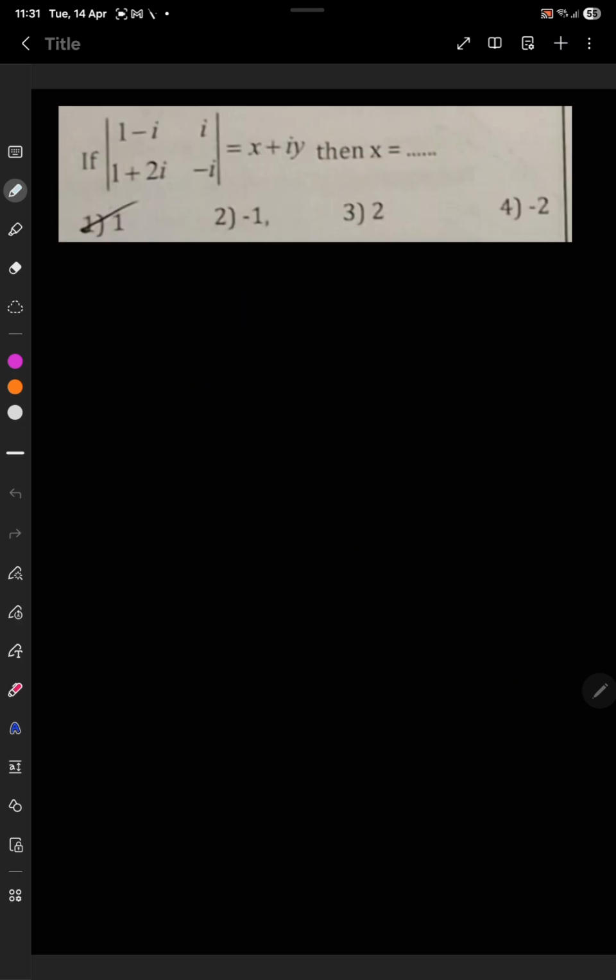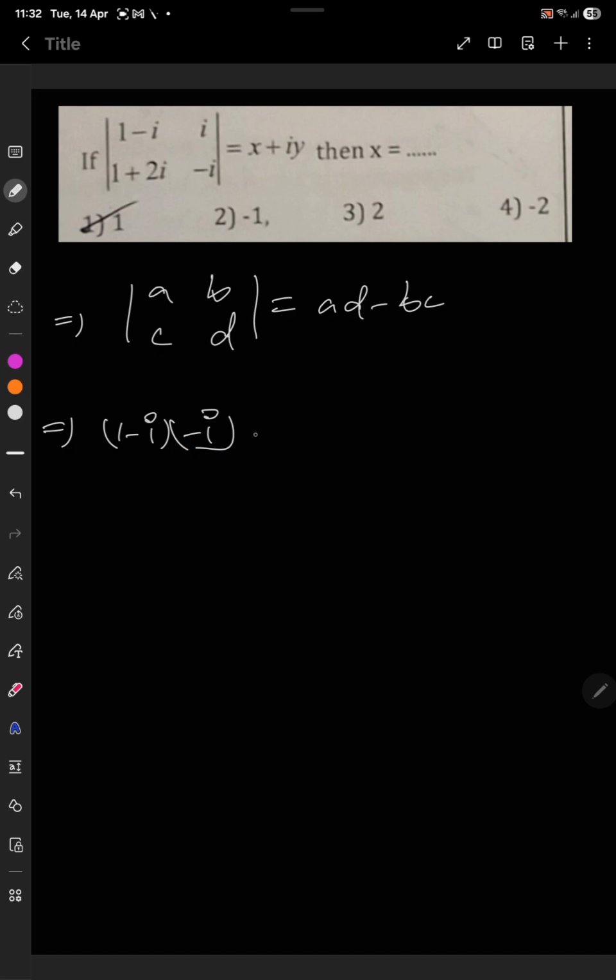In this problem, given that the determinant of the 2 by 2 matrix with rows 1 minus i, 1 plus 2i and minus i, i is equal to x plus iy. Then the determinant of 2 by 2 matrix A, B, C, D is equal to AD minus BC. So the given problem implies (1 minus i) into i minus (minus i) into (1 plus 2i), that is equal to x plus iy.